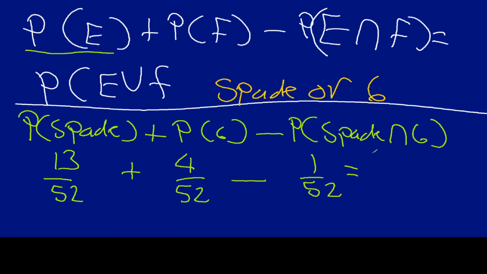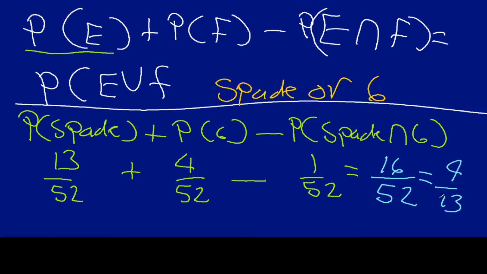Again, I could reduce these fractions, but we're going to keep it simple by having the same denominator everywhere. So our bottom number is going to be 52. 13 plus 4 is 17. 17 minus 1 is 16. So we get 16 out of 52. And if we really want to be strict, we can reduce that to 4 out of 13. So that is our answer.